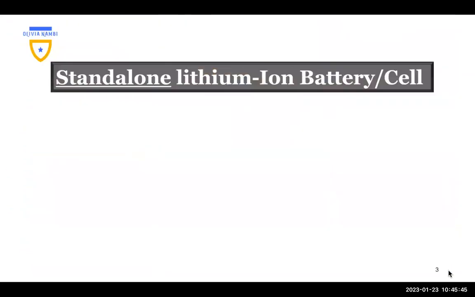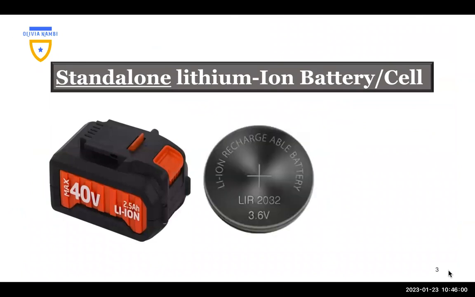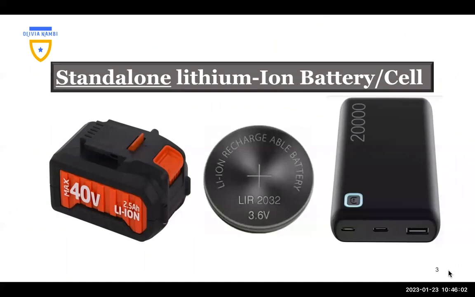Okay, so let's look at some images so that we can differentiate between these different types of batteries. When it comes to standalone lithium-ion batteries or cells, we have an example of a battery, an example of a cell. And remember, power banks are shaped as batteries.